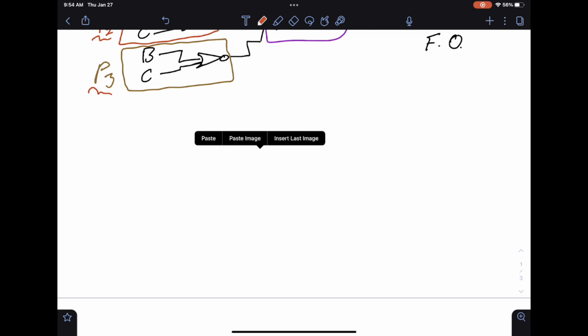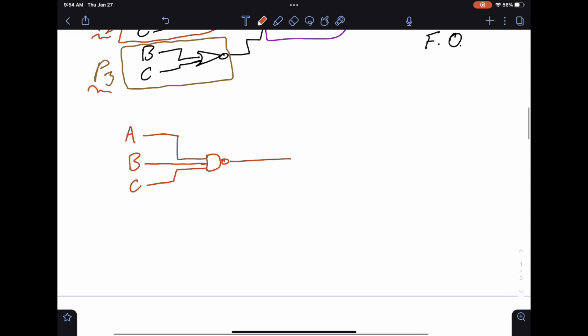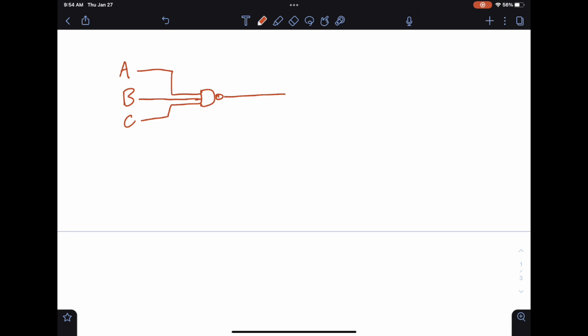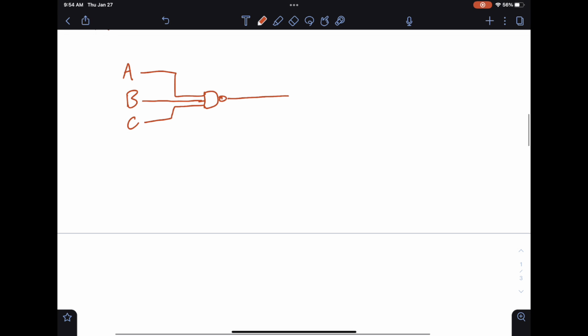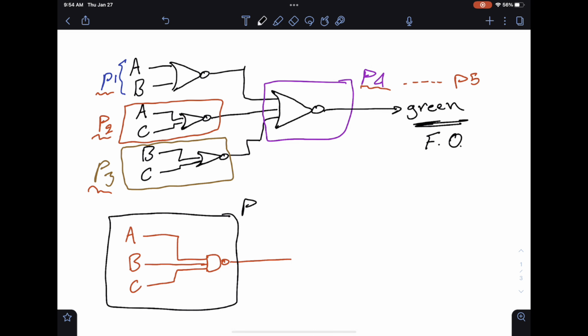If I have, for example, another circuit, let's say that I have A, B, and C going into a NAND gate, since it's just one gate, this is gonna be a part. So we have the parts by the number of the gates, not by the number of the inputs. So this entire thing is gonna be, for example, part number 5.